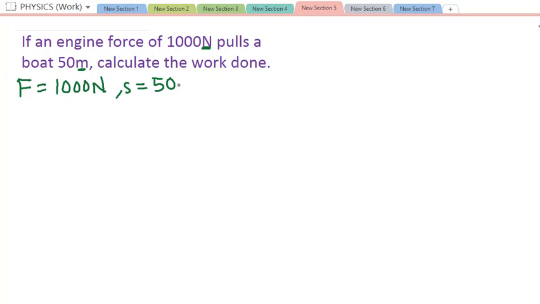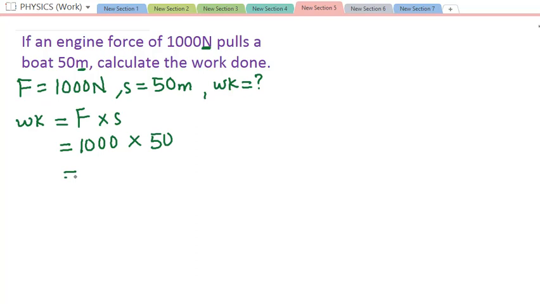So 50 meter is distance. Calculate the work done. The work done is not stated. So work done, WK, is equal to force times distance. Force is 1000 multiplied by distance, which is 50. So let's do that here.